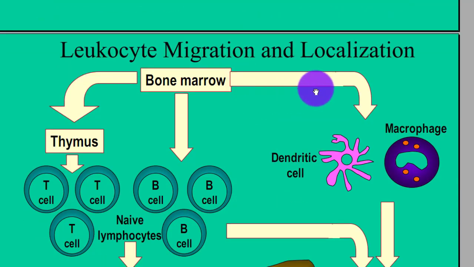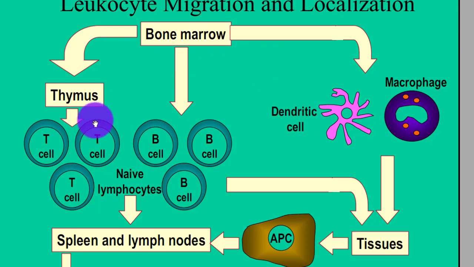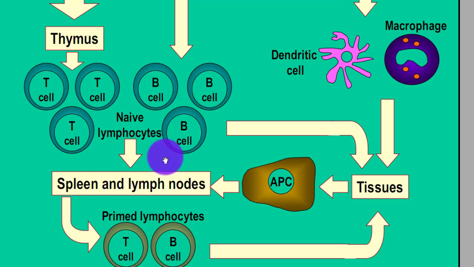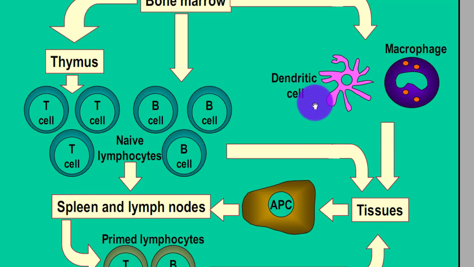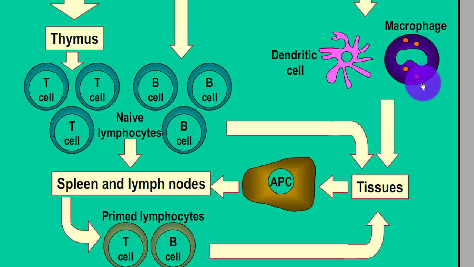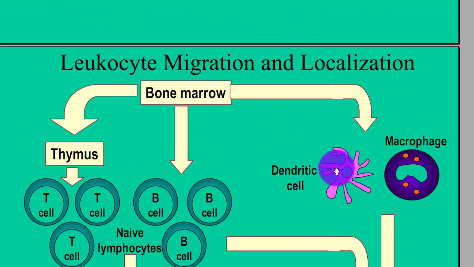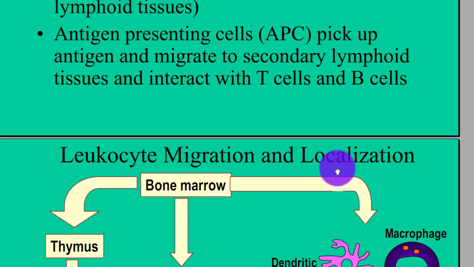The thymus is the source and the drainer of T cells, and the bone marrow the source of B cells, and the secondary lymphoid organs are the spleen and the lymph node. Here the antigen presenting cells are the dendritic cell and the macrophage, as is the scale of the circulation of the T cells and B cells.